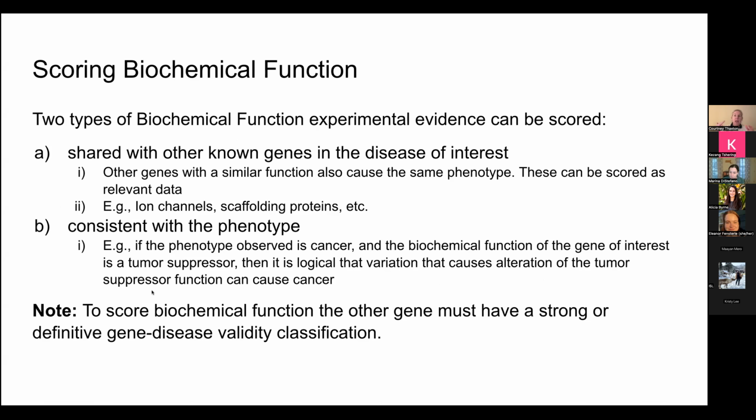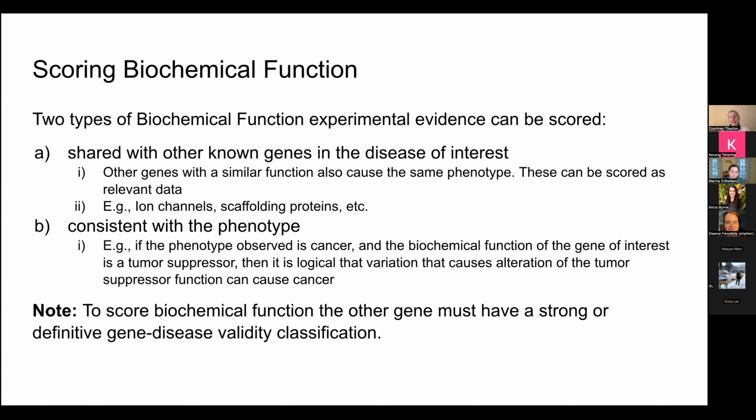So again, you have two ways of scoring biochemical function. A, as we said, is shared with other known genes and the disease of interest. In this situation, we really want you all to make sure that the other genes with a similar function also cause the same phenotype, and that these can be scored as relevant data. The SOP also says that that basically requires a curation of that other gene to meet a strong or definitive classification.